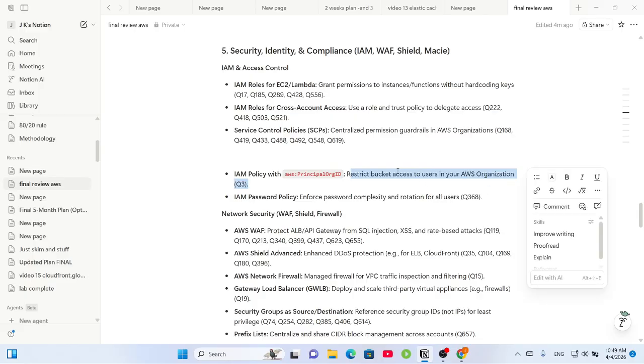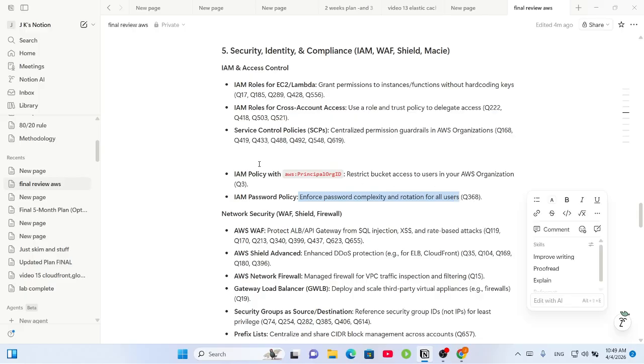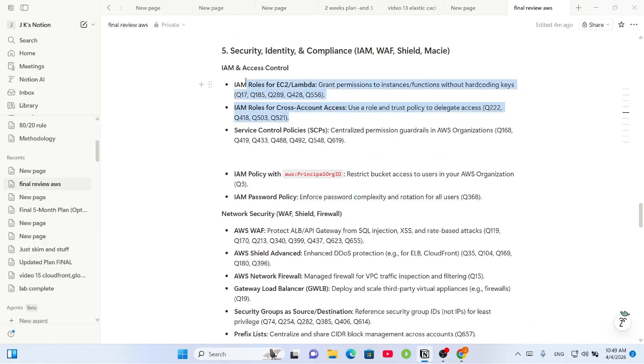The IAM password policy enforces password complexity and rotation for all users. This is pretty straightforward, and I think we went through it before, so we just need to understand it.